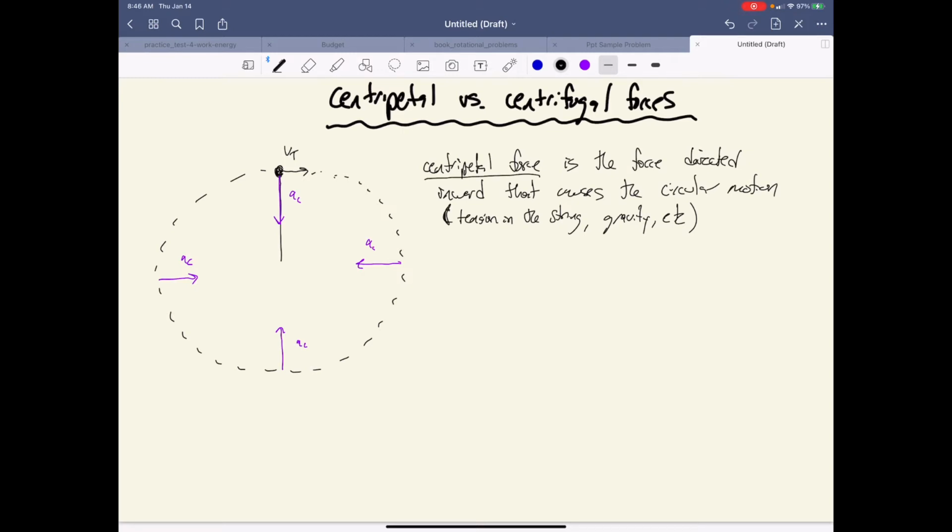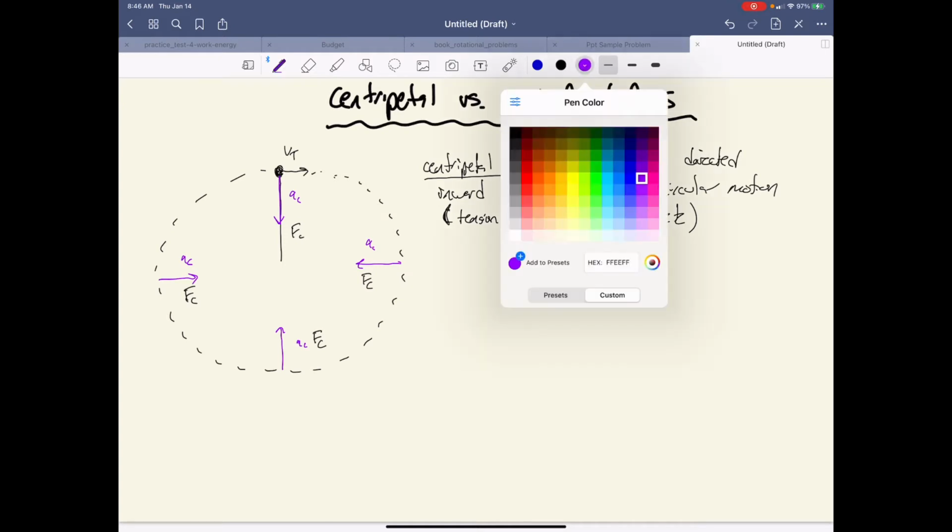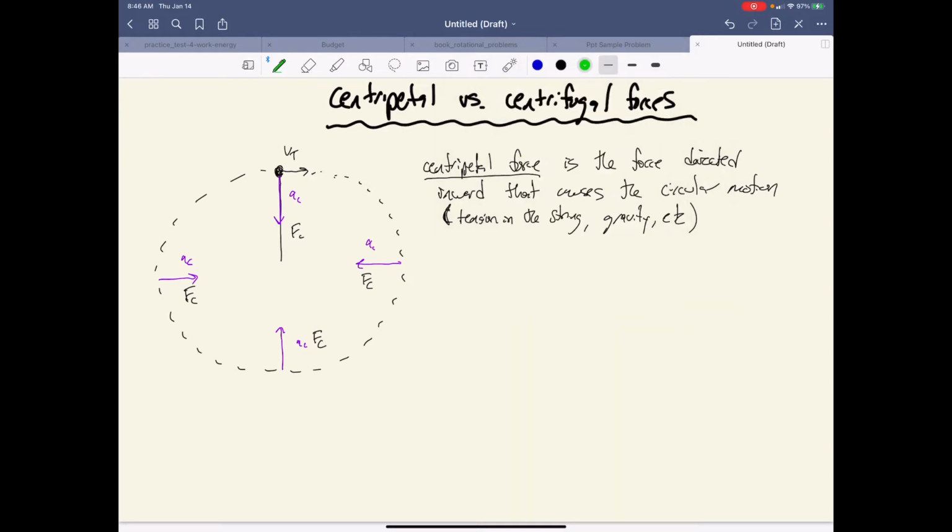Now, imagine that you actually have this ball on a string, maybe a tennis ball, and you start to spin it around and around. The centripetal force directed inward is provided by the tension in the string that you're holding, but you're also going to feel an outward pull.